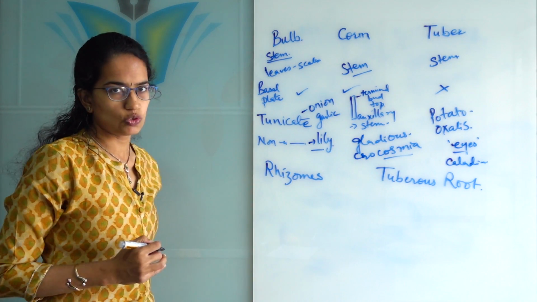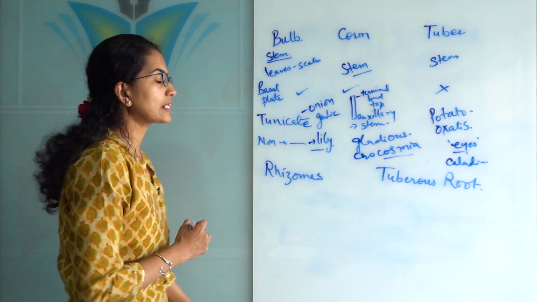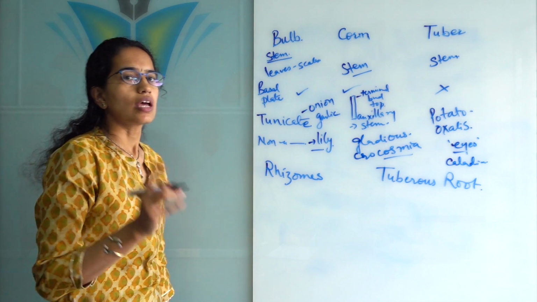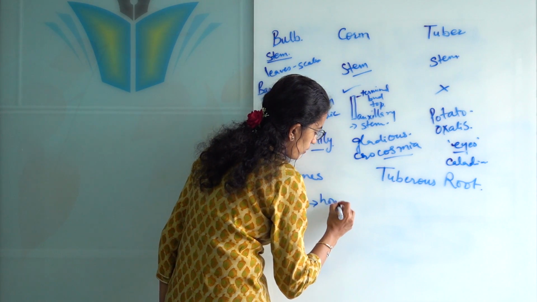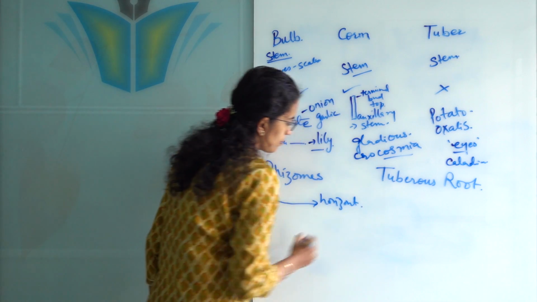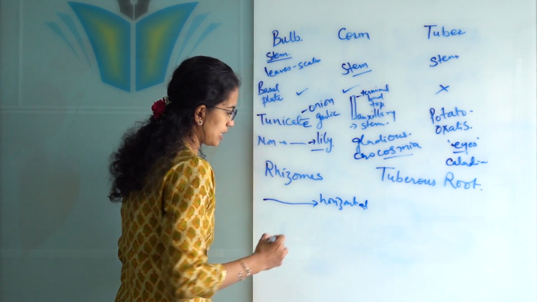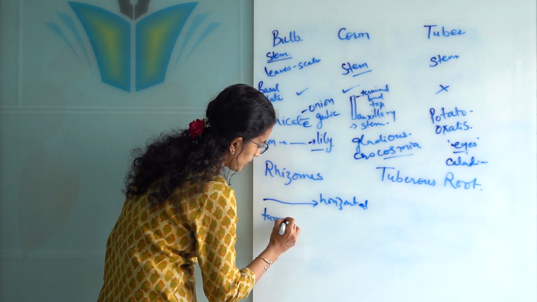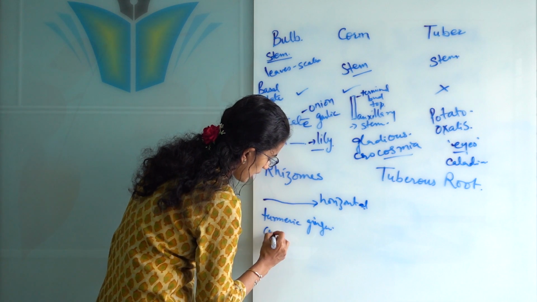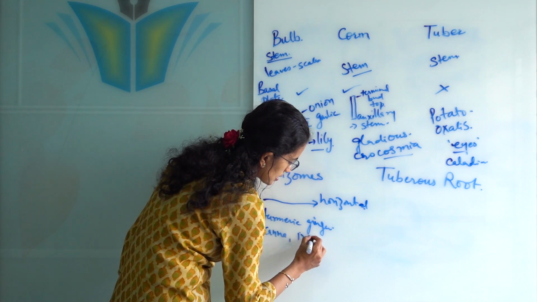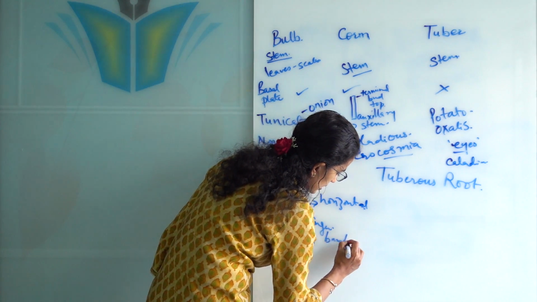Coming on to rhizomes. Rhizomes are interestingly again underground stems, but the key characteristic is that they grow horizontally in the soil. Good examples of rhizome would be turmeric and ginger, and we have canna, iris, and bamboo as other examples.